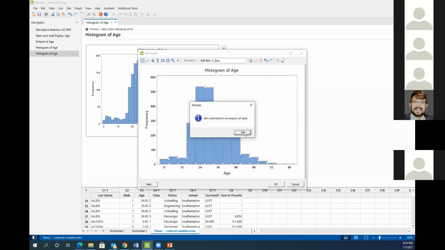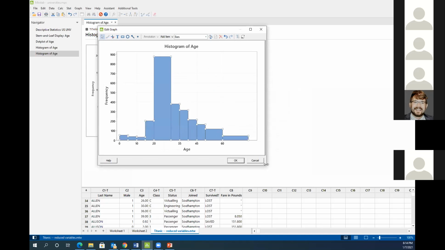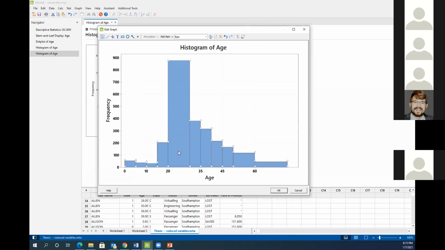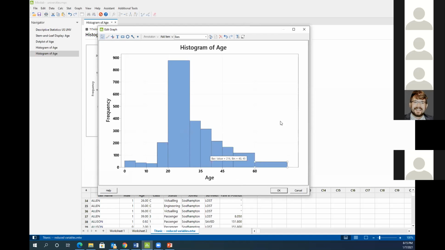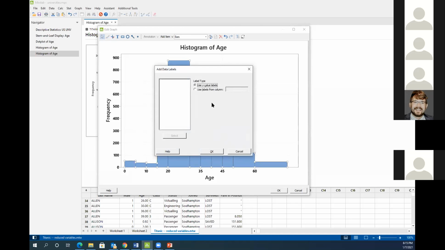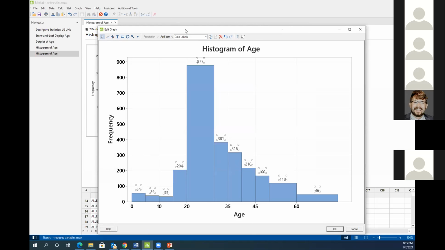So you can see my purpose has been solved. Now I add data labels.